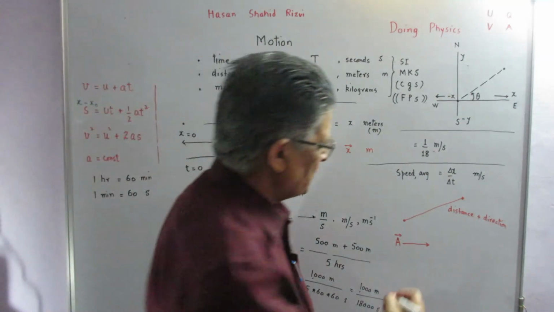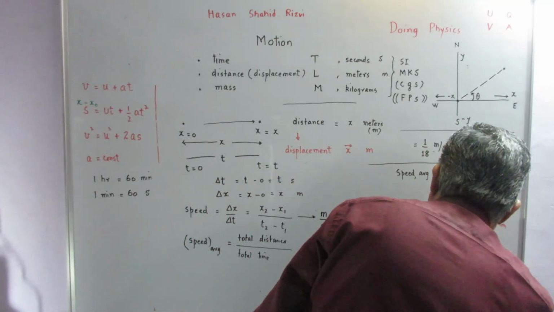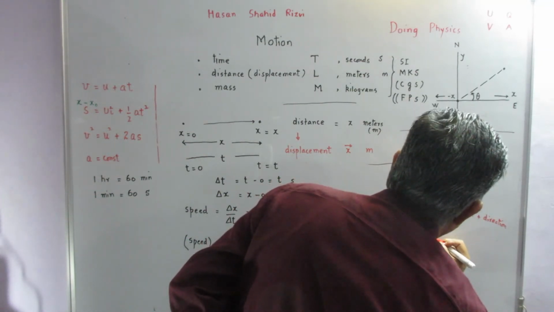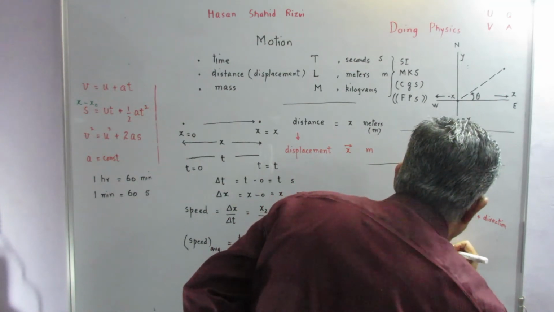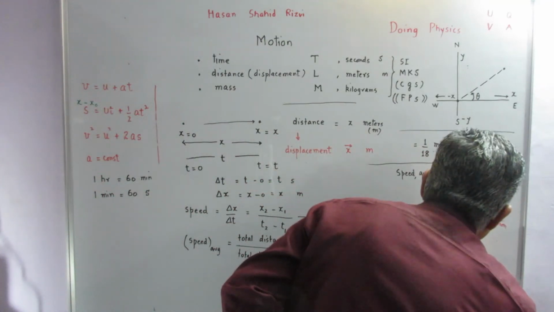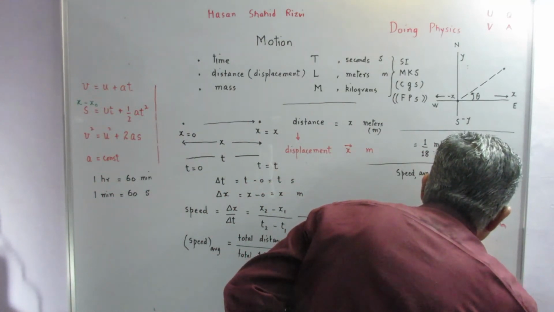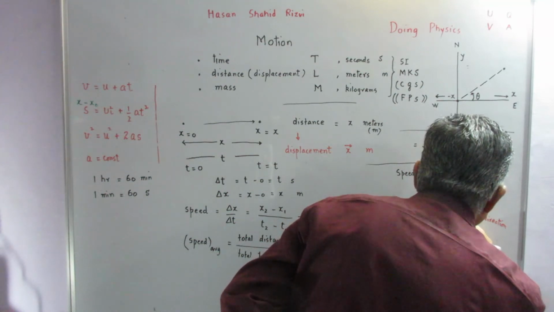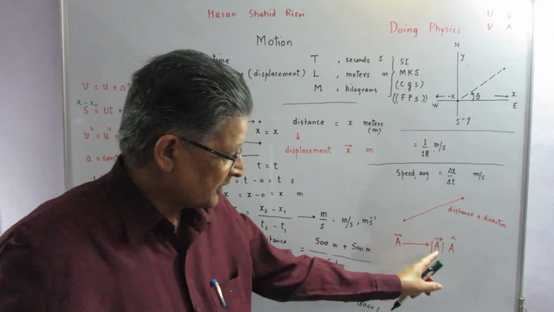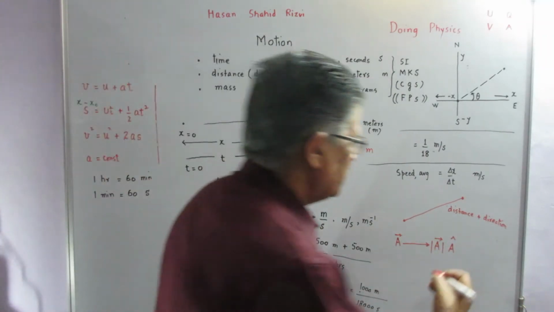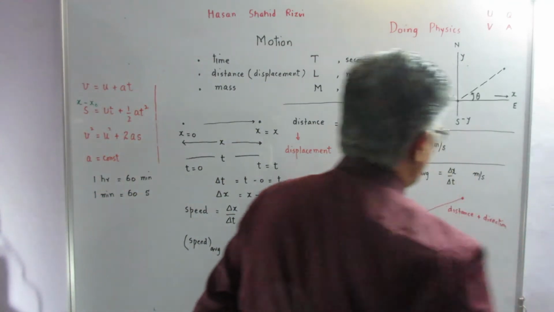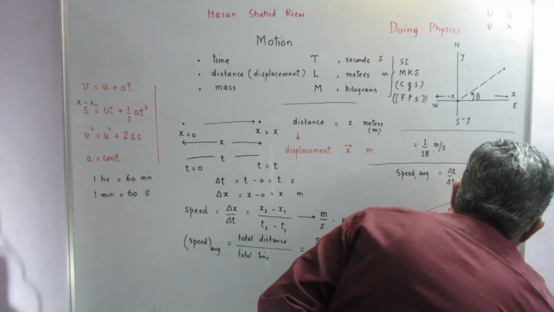One is the magnitude of the vector, which we show like this, and the other is the direction of the vector, which is specified by a direction vector A cap. So this is equal to A, the magnitude of the vector, times A cap.